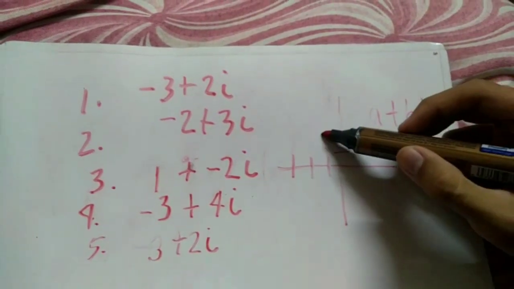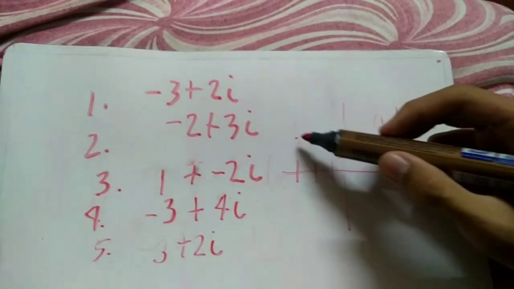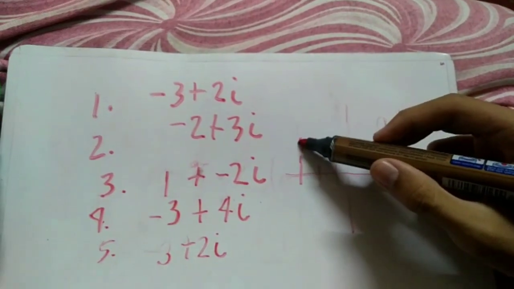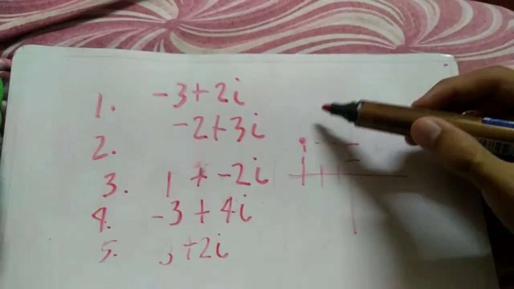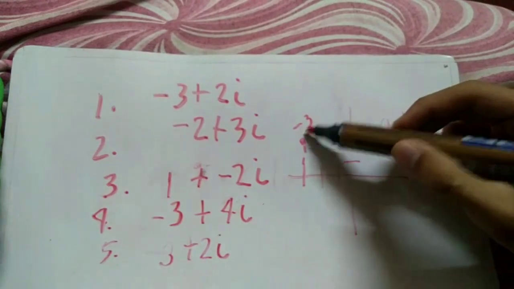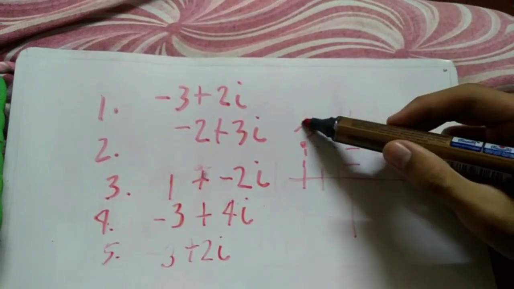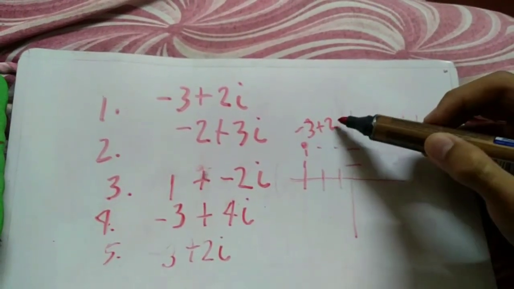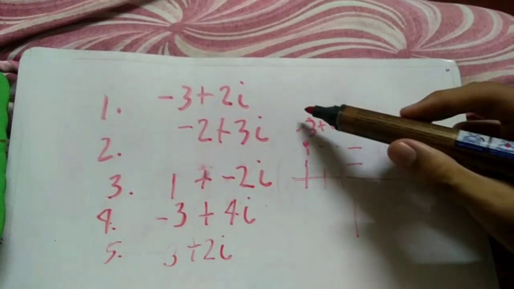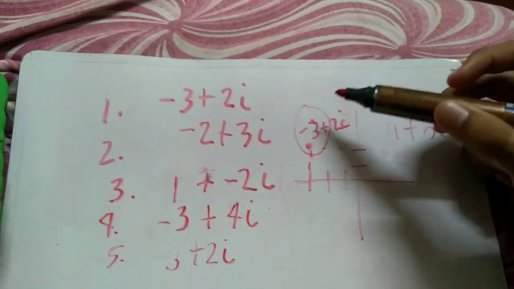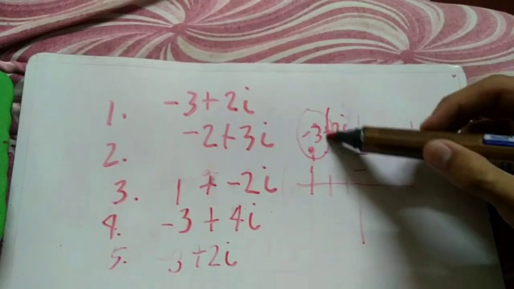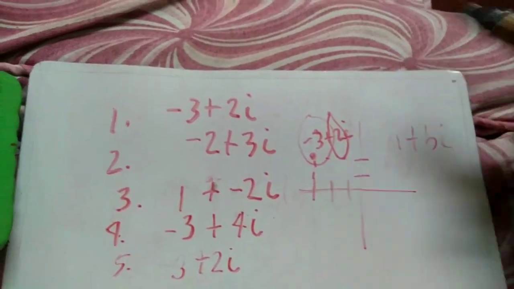So your point will be on this one. This is your -3 plus 2i. The -3 is your real part, then the 2 is your imaginary part.